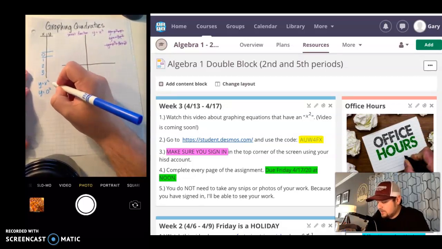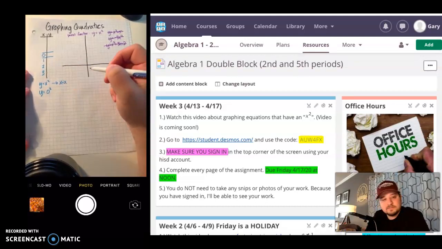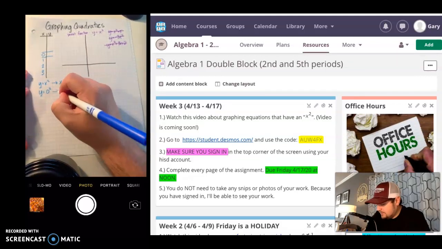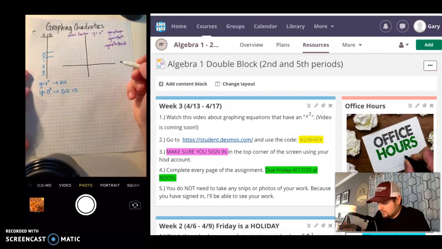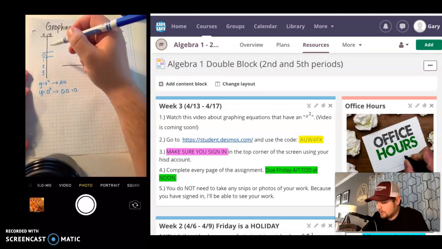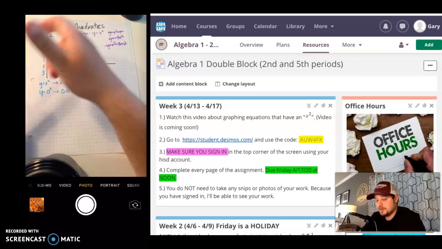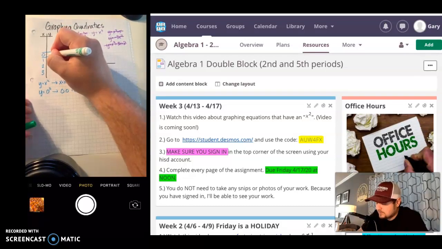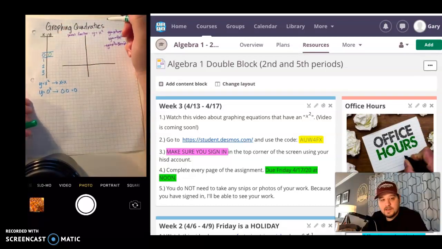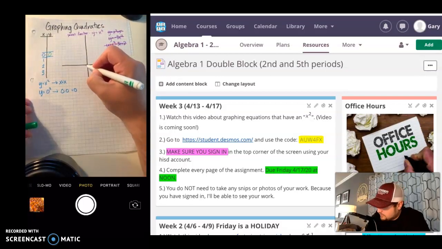A square comes from something like x times x, so this means 0 times 0. Well, 0 times 0 is 0. So the y value that we're going to put in here is a 0. On our graph, 0, 0 is just here in the middle of the graph, so that's the first point of our graph.